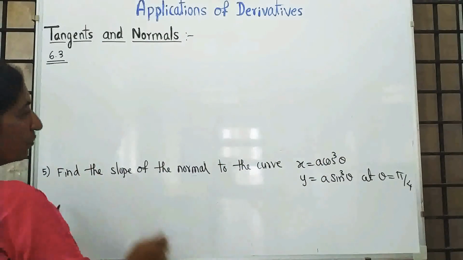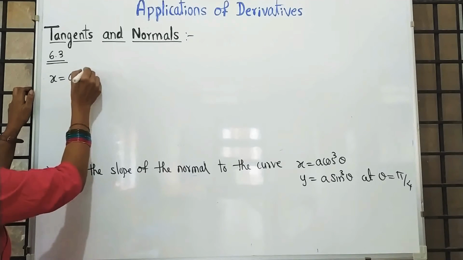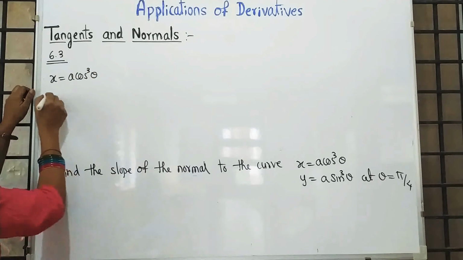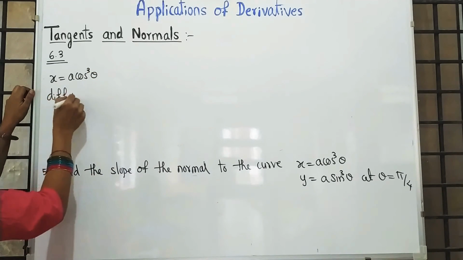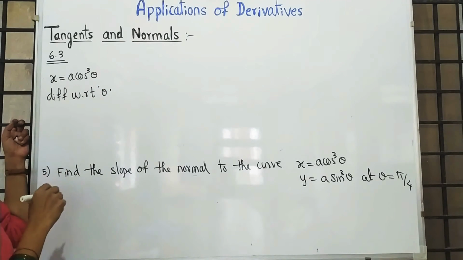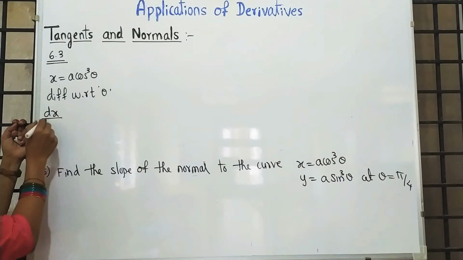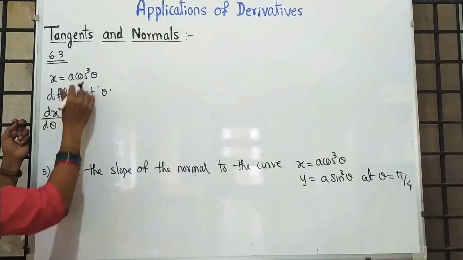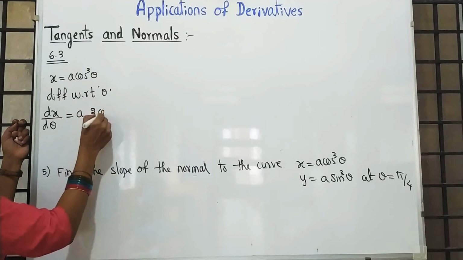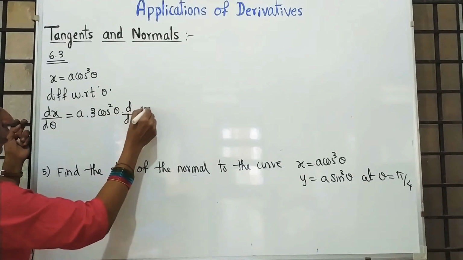So first write down x is equal to a cos cube theta, and they are parametric equations. We have to differentiate with respect to theta, and already you are familiar with differentiation. Shall I write the steps directly? dx upon d theta, a constant, differentiation of cos cube is 3 cos square theta into differentiation of cos theta.